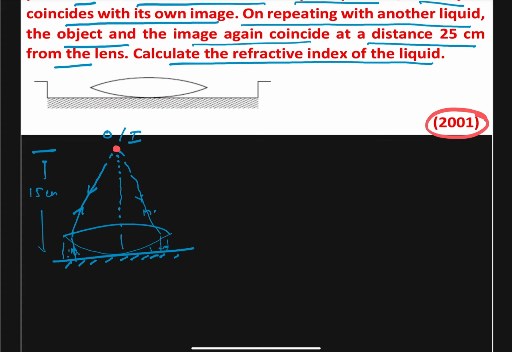Whereas for the second, where the refractive index is not known, the distance between the object and the coinciding image is about 25.